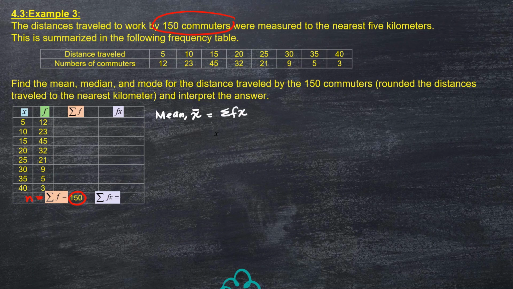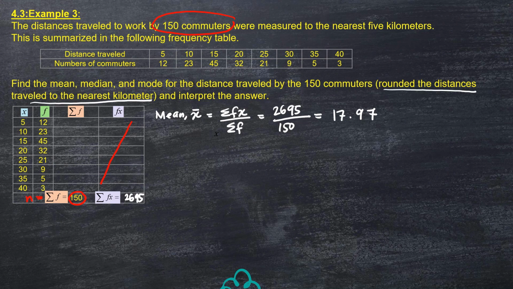Okay, it is summation fx divided by summation f. So summation fx you can find by using your calculator. You don't need to rewrite that, but we need this value, which is 2659, okay, by using your calculator. Rewrite the values and you will have 17.97. And as stated in the question, round the distance traveled to the nearest kilometer, so we can round it to 18 kilometers as our mean.